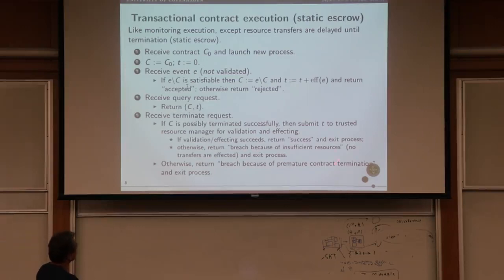Notice that nothing happens here. We exit here in the case of breach of insufficient resources. In that case, no resources have been transferred, so nobody has lost anything, nor gained anything.